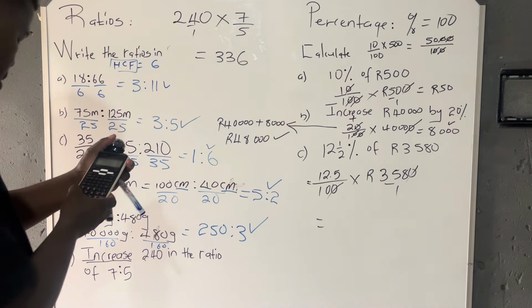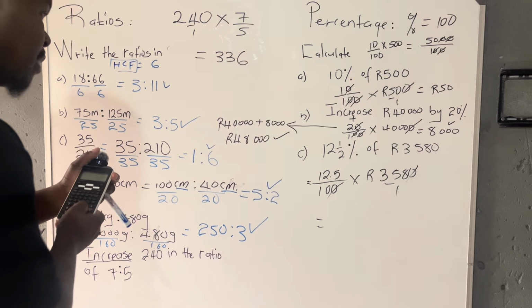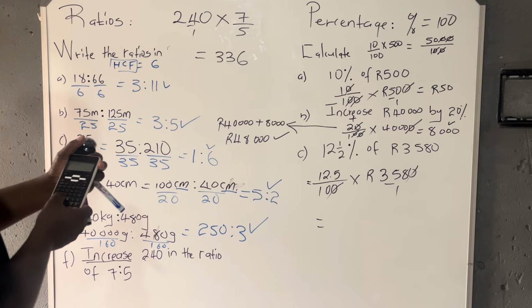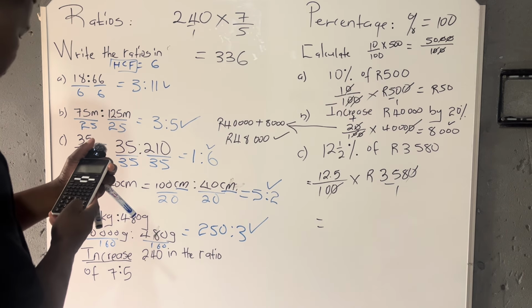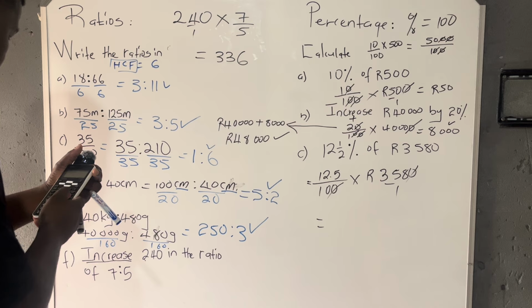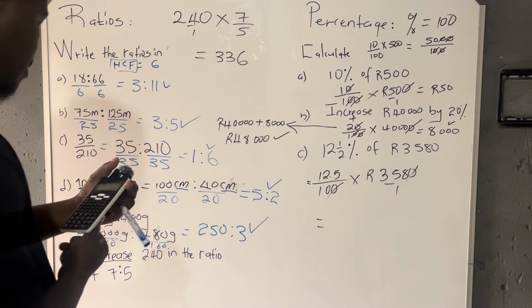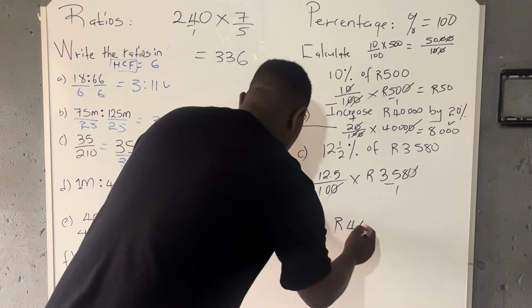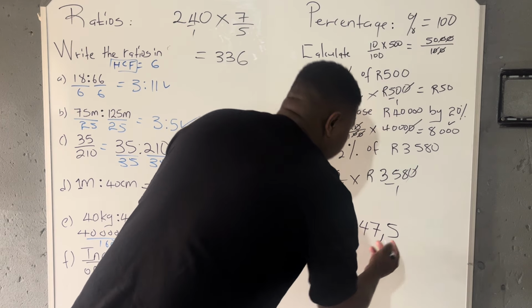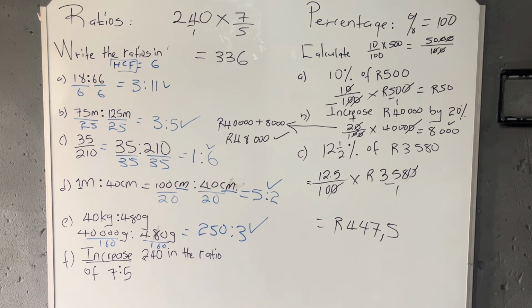We have 12,5 multiplied by 358 is equal to this amount divided by 100. So I'm getting 447,5. Now that is 12,5% of 3,580.